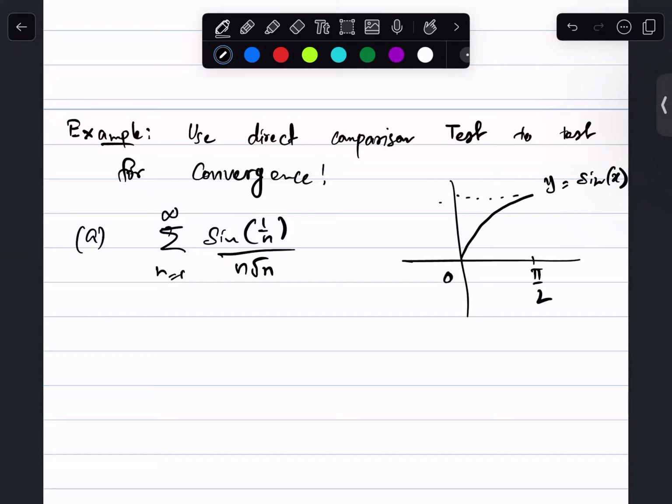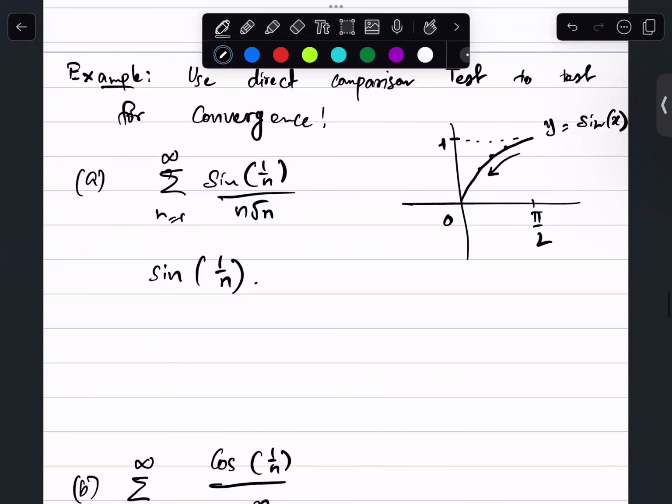So this is 1. As you increase n, the main problem here is to deal with sine 1 over n. When n is 1, this is sine 1. When n is 2, this is sine half. So I am coming towards sine 0, right? That's the direction. This may be the first point, second point, third point, and so on. I'm coming towards 0 as n grows.